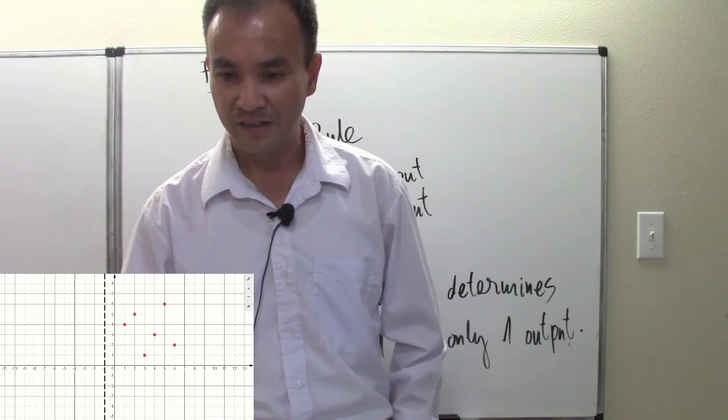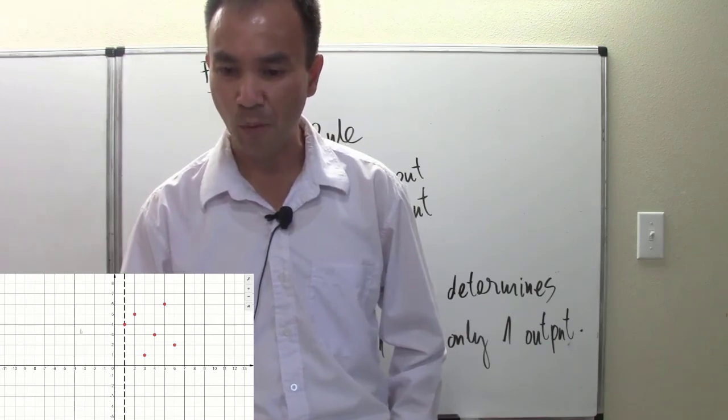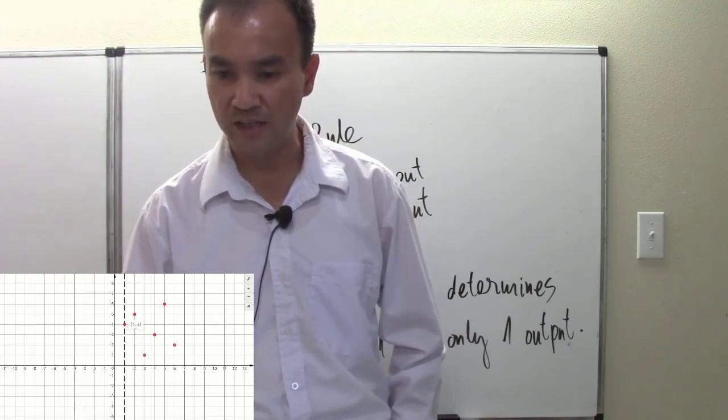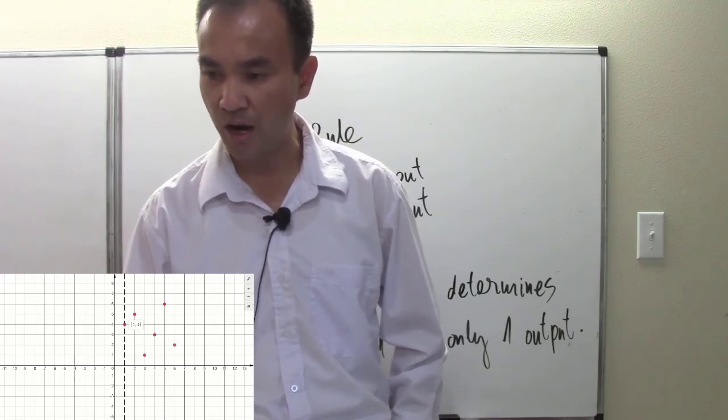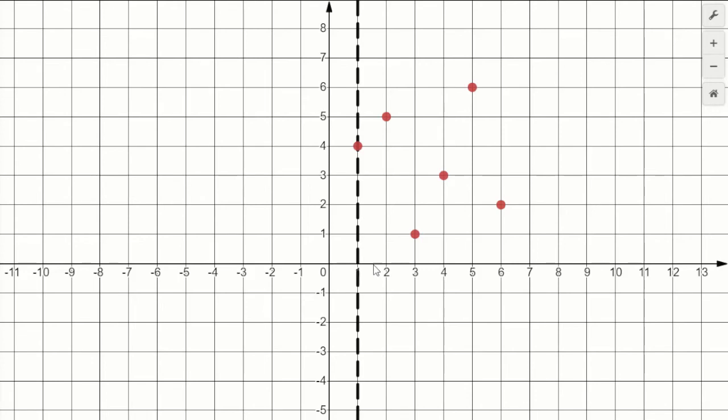So we only have a few points. The first point is at x equals 1 and y equals 4. That means the input is x equals 1, and that's the reason why I'm putting my line right at this value. Then I'm going to move that, and there's only one output, which is why we're having only one point.